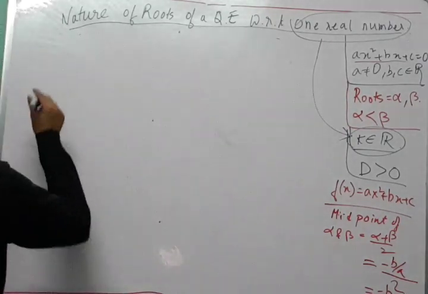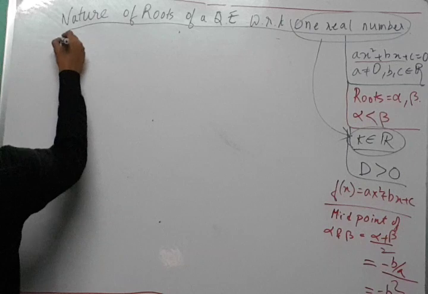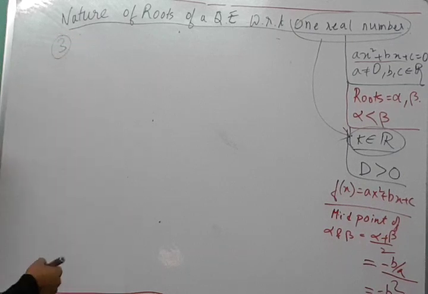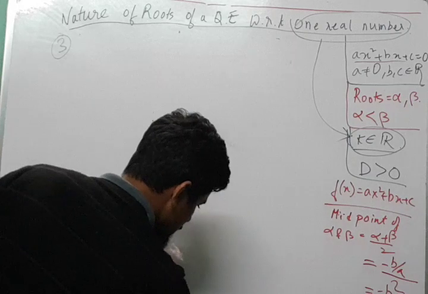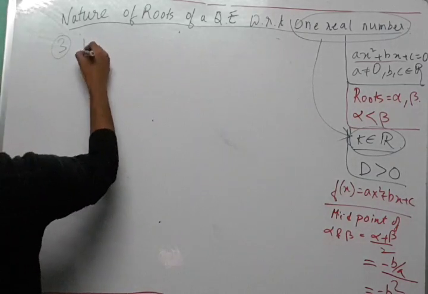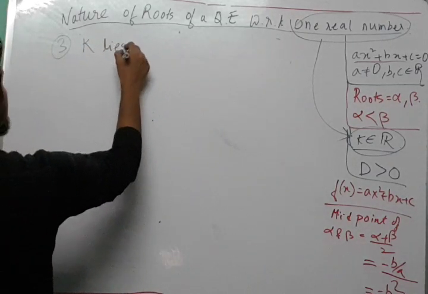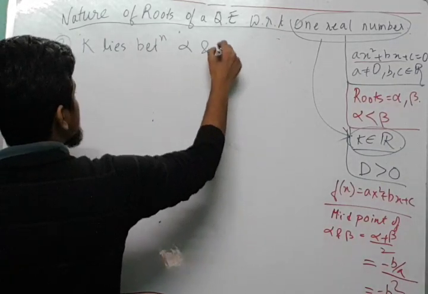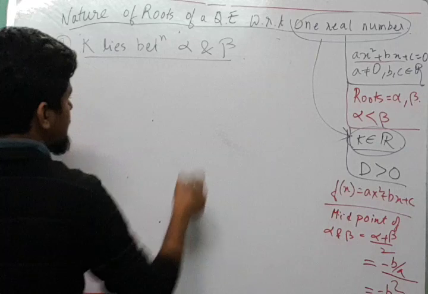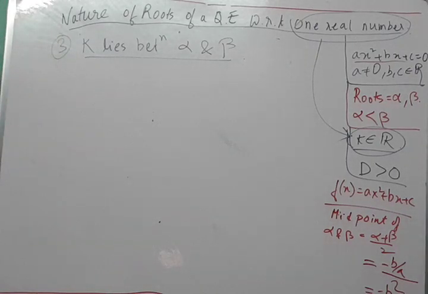So the third condition that we'll try to think about is basically that k lies between alpha and beta. So this is the condition that we'll be trying to understand.